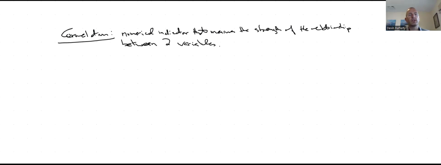Okay. It's a numerical measure, right? It's a number that measures the strength of the relationship between two variables.